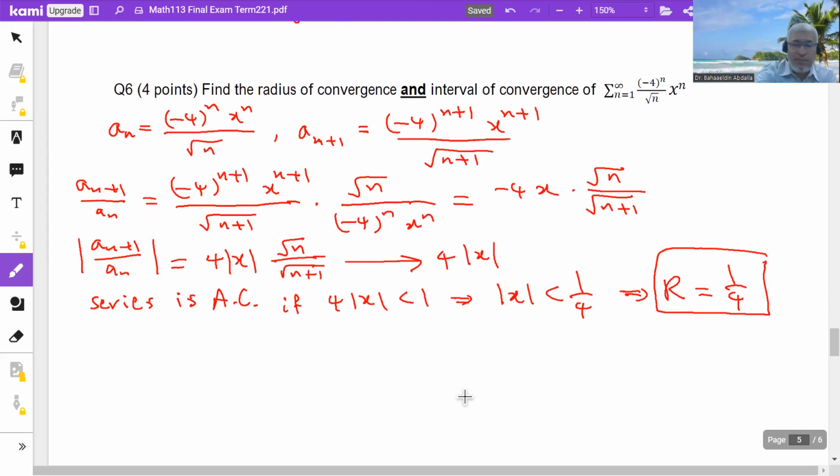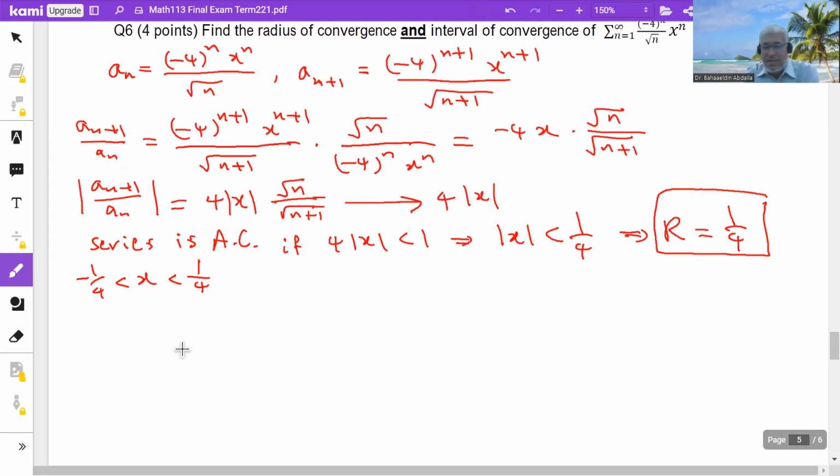And now, for the interval of convergence, I'll have x between -1 over 4 and 1 over 4. That's the solution of this absolute value inequality. I don't know what happens when x is -1 over 4 or 1 over 4. The ratio test fails.